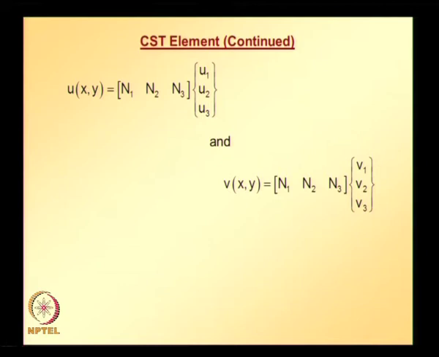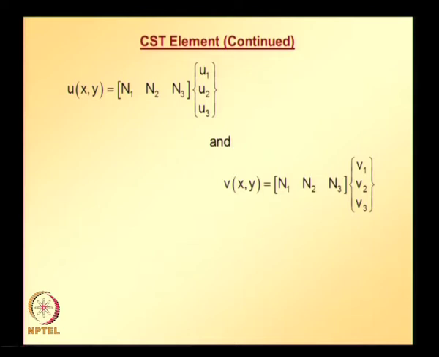And if you carry out the multiplication, we indeed get what I mentioned just a while ago, that is u is equal to n1 u1 plus n2 u2 plus n3 u3, v is equal to n1 v1 plus n2 v2 plus n3 v3.